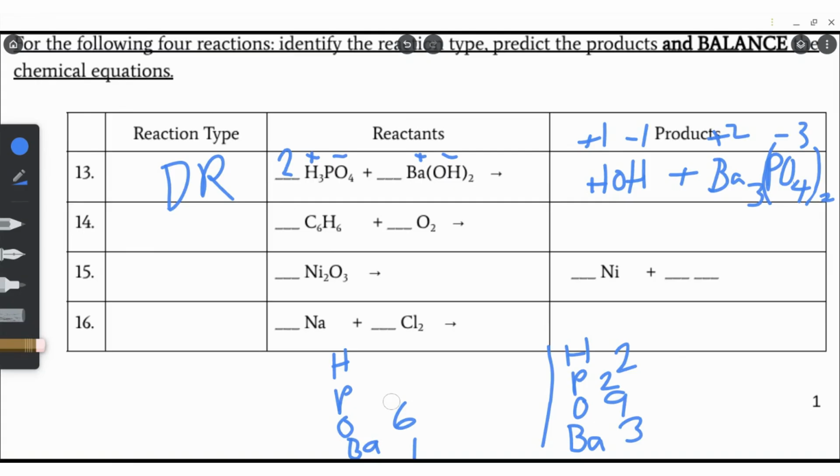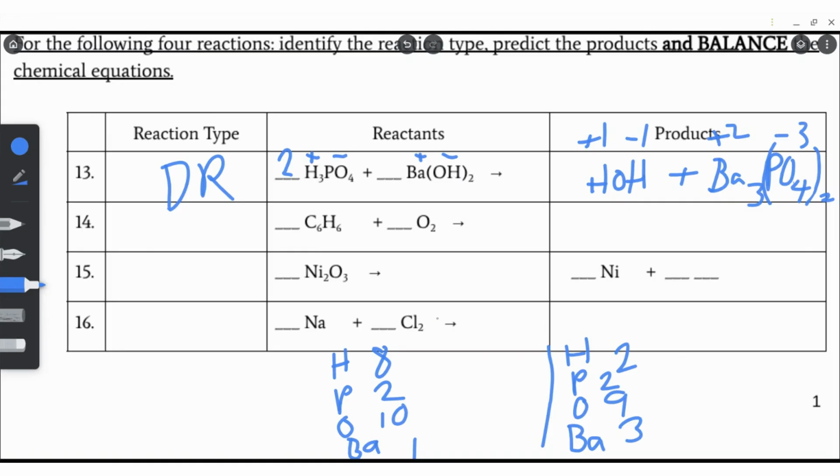Then we're going to need to recount and see what that turns it into. Okay, 2 times 3, which is 6, plus 2 more from here is going to be 8. Phosphorus, we now have 2. Oxygen, we have 2 times 4, which is 8, plus 2 more, which is 10. Our phosphorus is now balanced on each side.